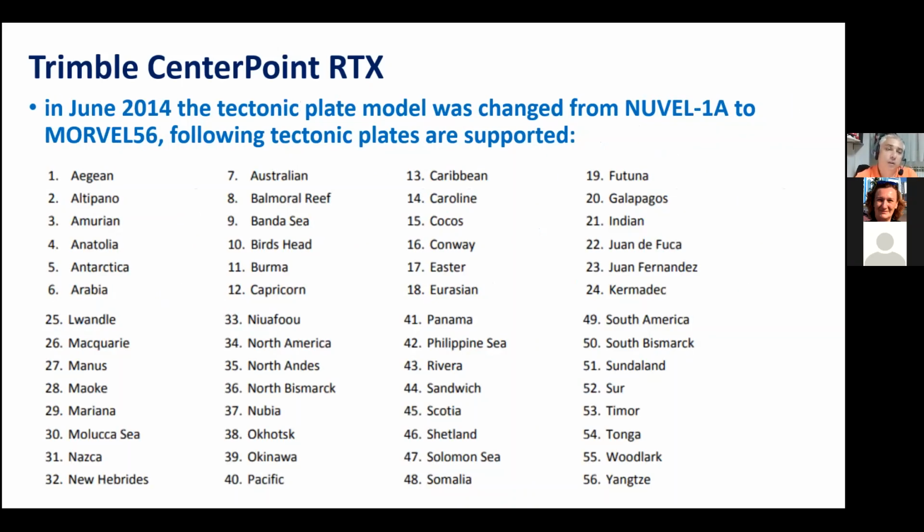So in June 2014, the tectonic plate model was changed from NUVEL-1A to MORVEL 56, and the following tectonic plates are supported. As you can see, they are altogether 56 tectonic plates. For us in Europe, of course, the most interesting one being the Eurasia tectonic plate.